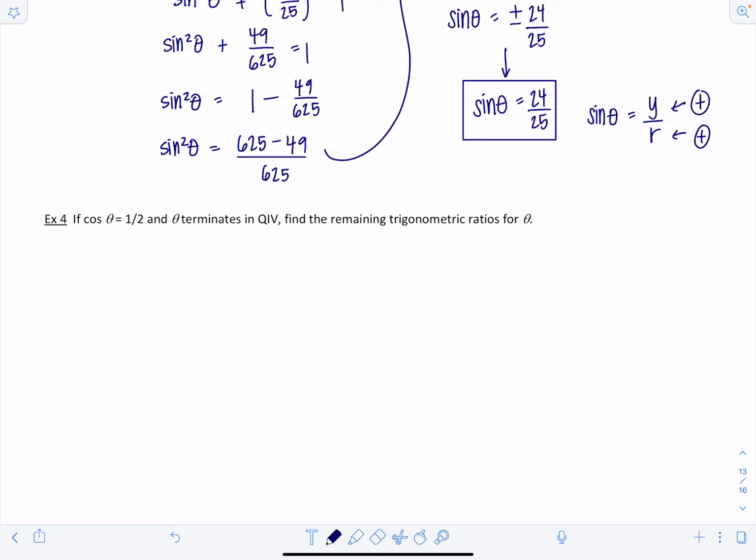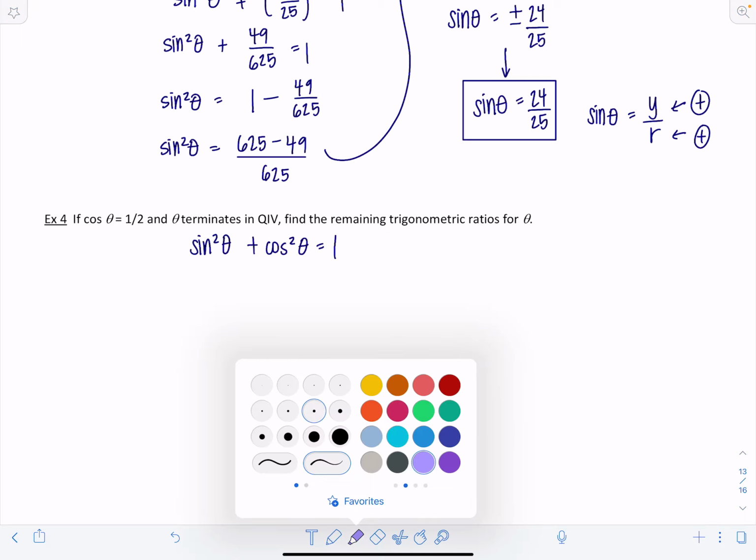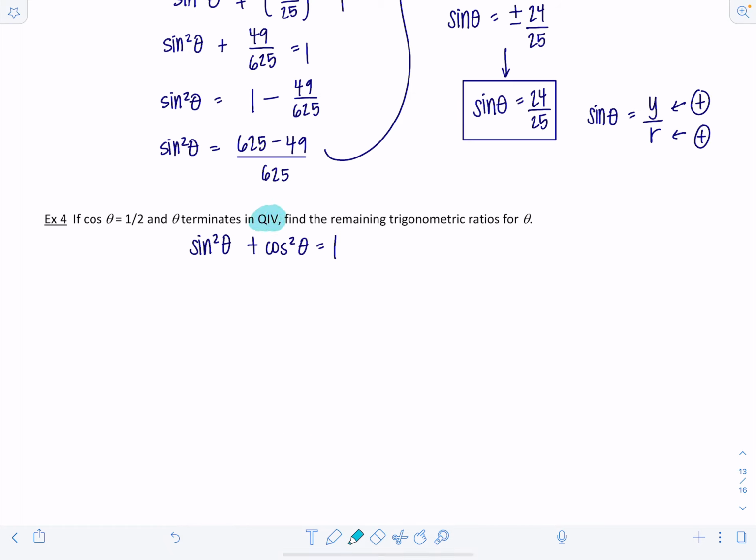Okay, well they gave me cosine, so I'm going to use the same Pythagorean identity that sine squared theta plus cosine squared theta equals 1. Now this time they're telling me theta terminates in quadrant 4. So in quadrant 4, we have x coordinates positive, y coordinates negative.